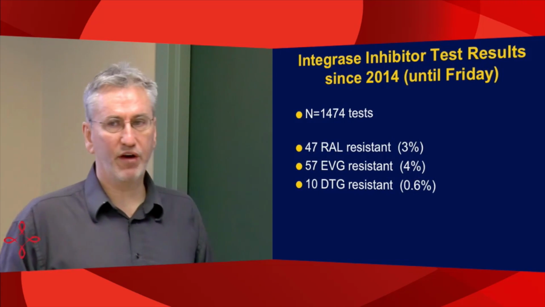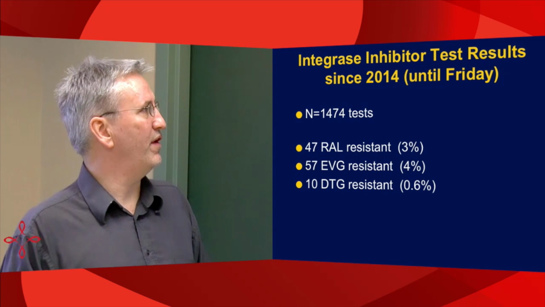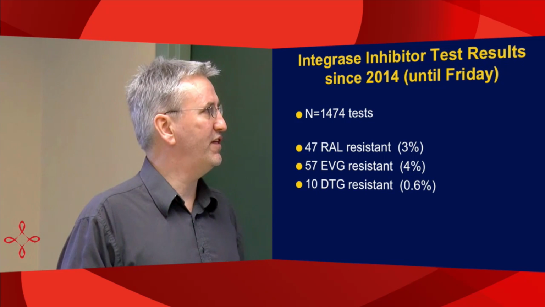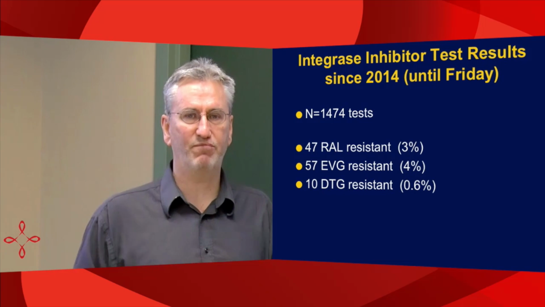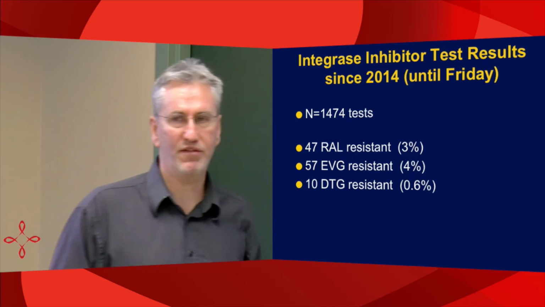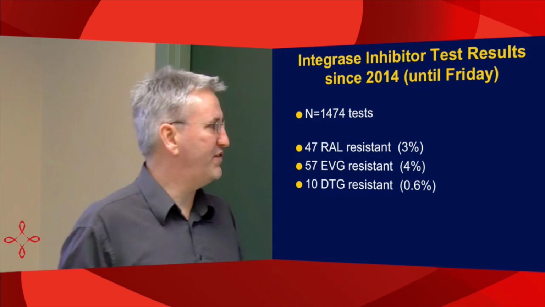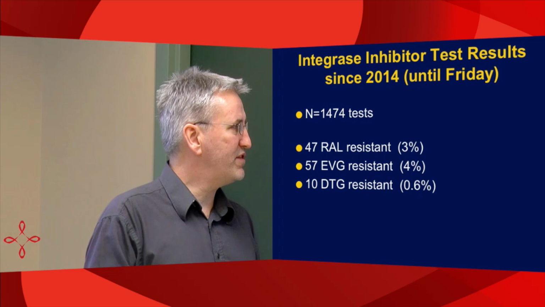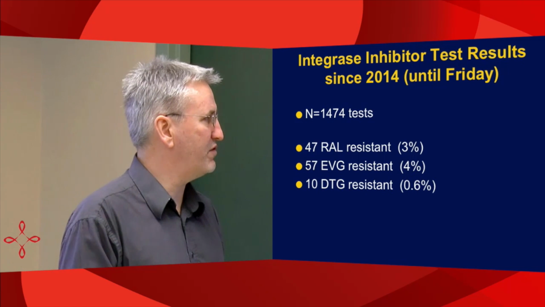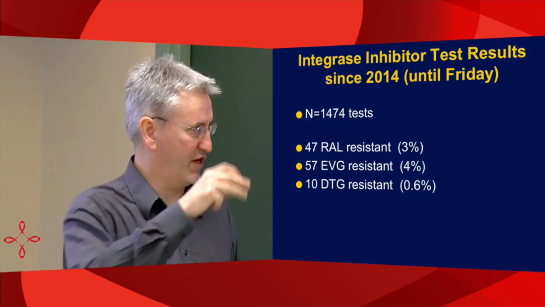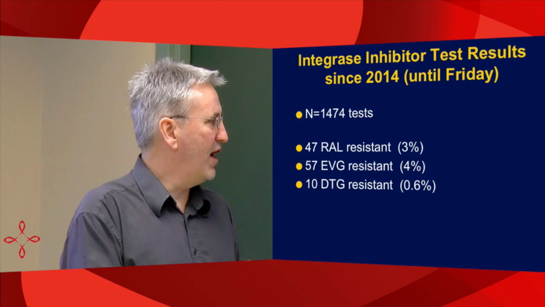So I do have a quick summary of the integrase inhibitor resistance data that we've collected in 2014, at least until Friday. There probably weren't any major changes on Monday, so pretty fresh data. We've done roughly 1,500 tests. About 3% of those tests have any dolutegravir resistance, according to our algorithm, which identifies the mutations.